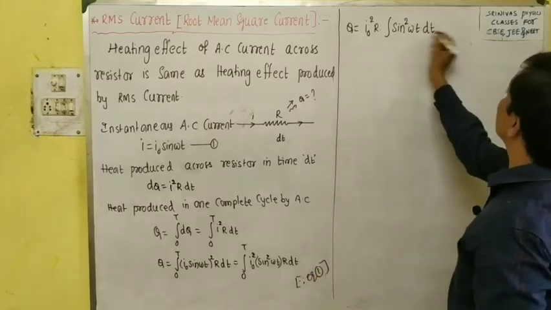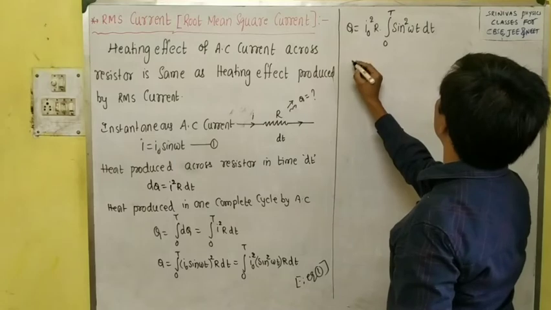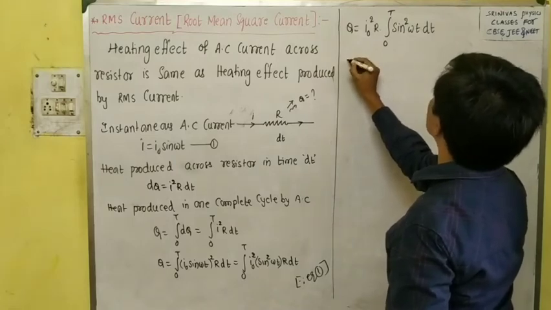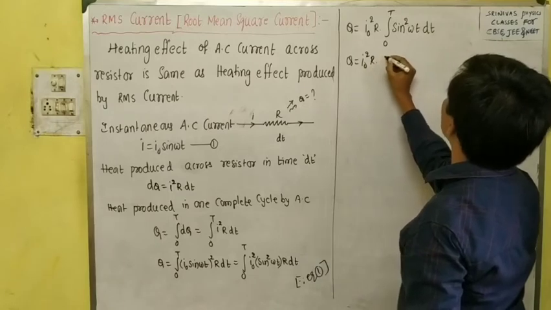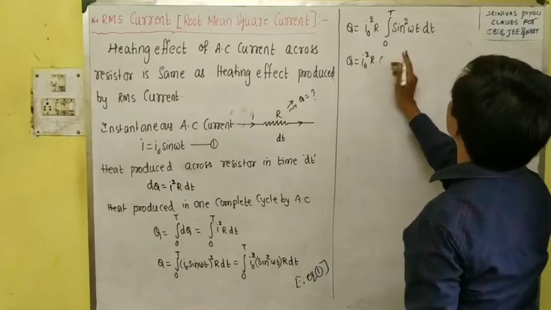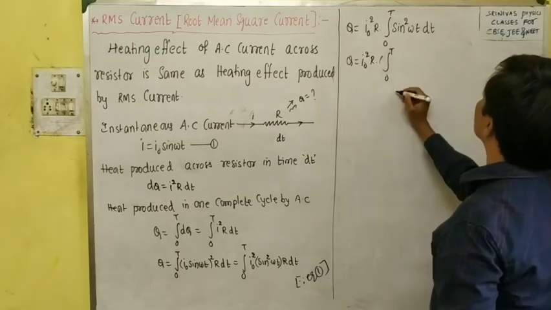Here integration we want to do in complete cycle, 0 to T is the limits, but we have a mathematics formula, according to which we can change it. I naught square into R, integration 0 to T of sin square omega t.